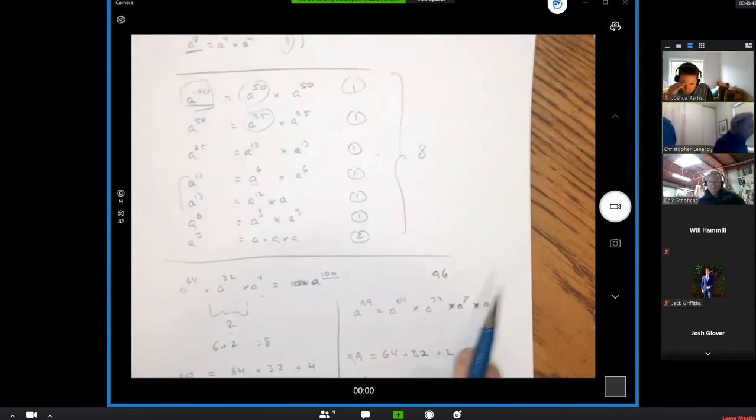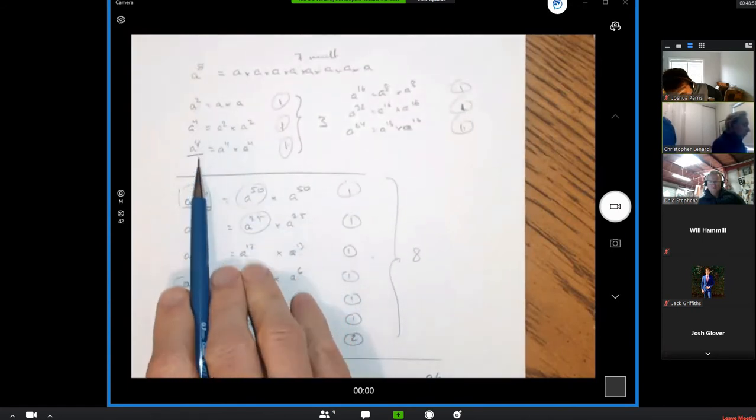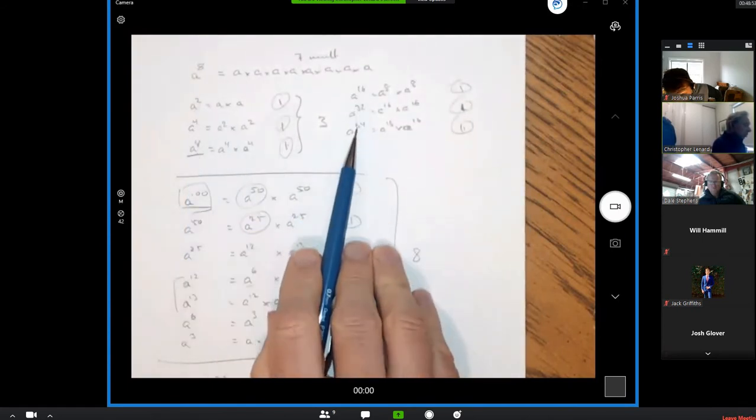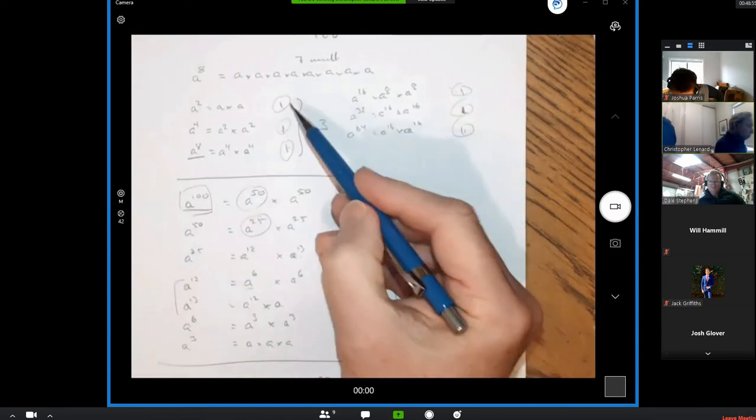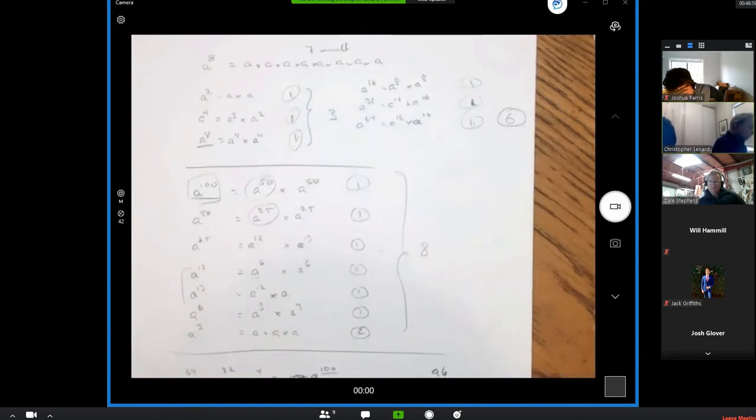Okay, so to get to a to the 64, I've gone through a squared, a to the 4, a to the 8, 16, 32, 64. So that required 1, 2, 3, 4, 5, 6. Again, 6 calculations, 6 multiplies to get that.